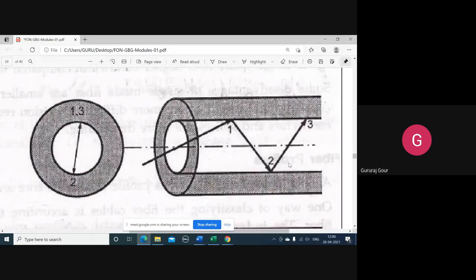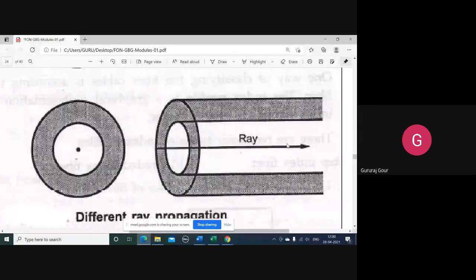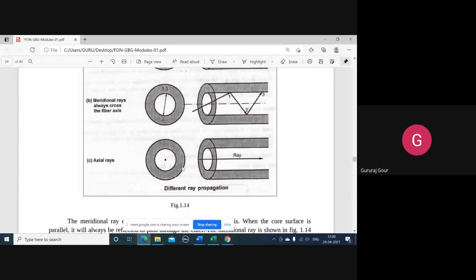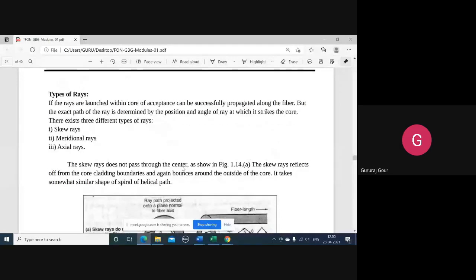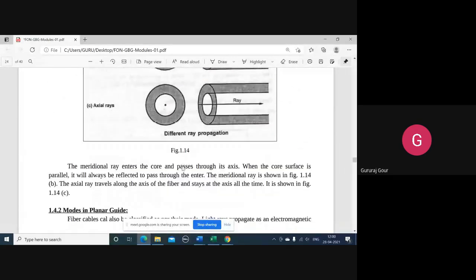If you look at this axial ray, whether it is reflected or refracted or any kind of distortion is there or not, we cannot predict here. We cannot properly describe here. So these are some pros and cons of these three types of optical rays.